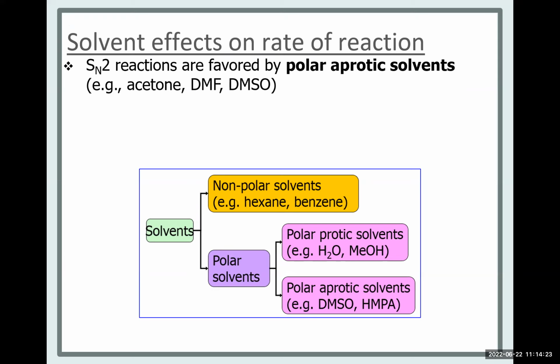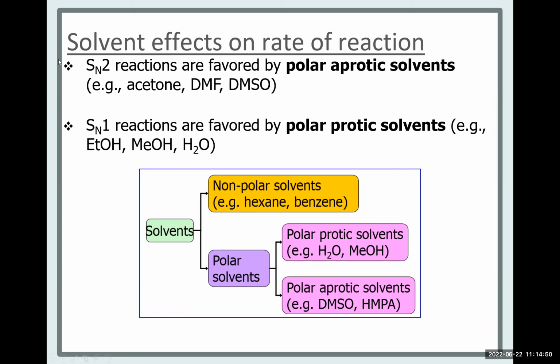The intermolecular forces will just be dipole-dipole, enough to dissolve the nucleophile and the substrate, and then not really have as many solvent effects. So we have to balance between getting our stuff dissolved and able to interact, but not having the solvent have too many negative effects on the reaction itself. So that's why we go with polar aprotic solvent for an SN2 reaction.